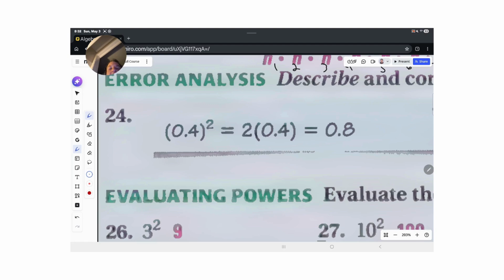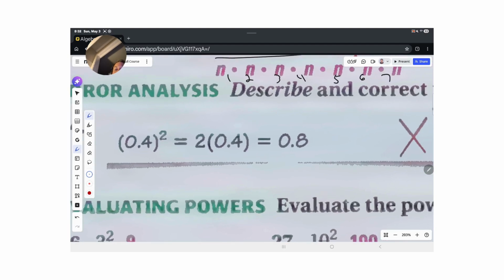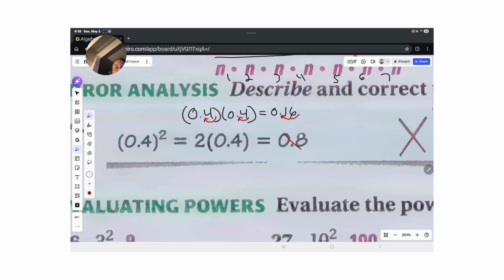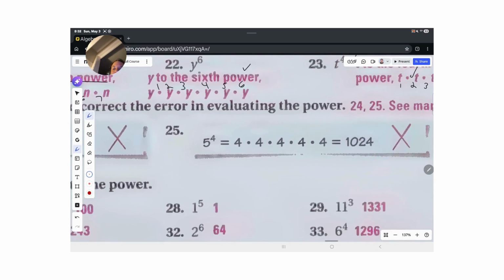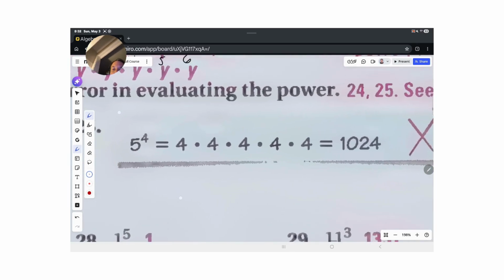Multiply 0.4 by itself. 0.4 times 0.4. Now this will get us to 0.16. We multiply that 4 by 4 to get to 16. Let's remember to move that decimal place over 1, 2, twice, to get to 0.16. So not 0.8, but 0.16.